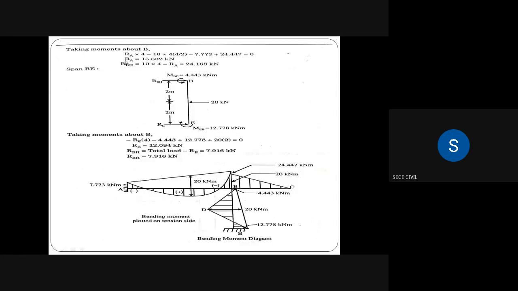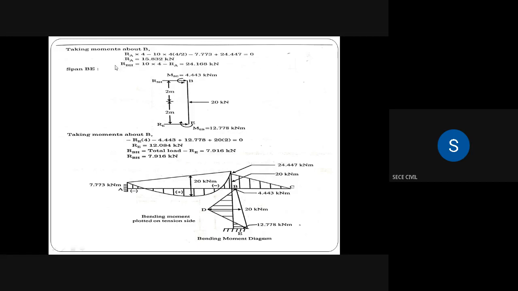We also have an anti-clockwise moment at point A and a clockwise moment at point B, and we have to add these moments also. So RA into 4 minus 10 into 4 into 4 by 2 minus 7.773 plus 24.447 is equal to 0. So we get RA as 15.832 kilonewton.